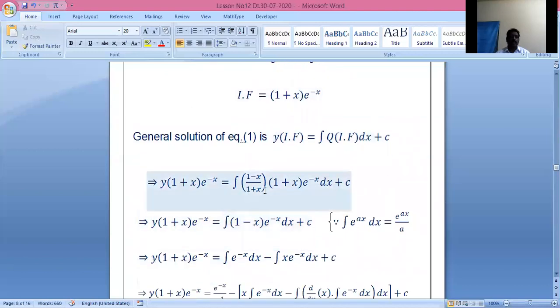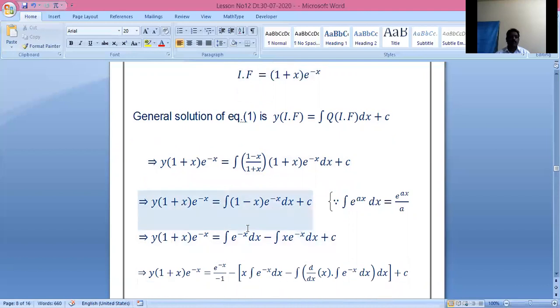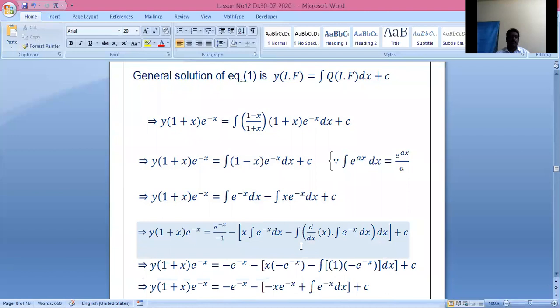Here (1 plus x) into (1 plus x) get cancelled. We get integration of (1 minus x) into e to the power of minus x dx plus c. Therefore 1 into e power minus x is e power minus x. Here minus x into e power minus x is minus x into e to the power of minus x dx.